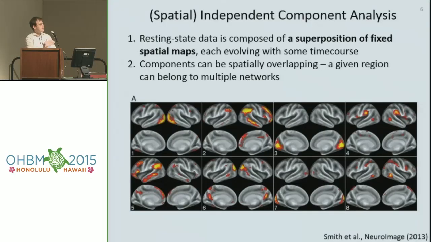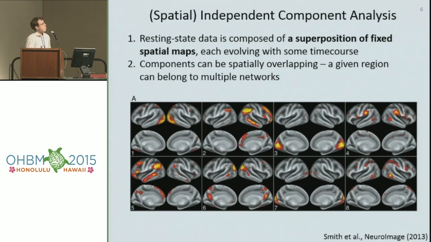So this is on a very different end of the spectrum from independent component analysis, which seeks to basically decompose the data in a single step. So this is based on the assumption that we can describe all of the resting state data, the voxel-wise time series, with a small set of fixed spatial components that each evolve over some time course.